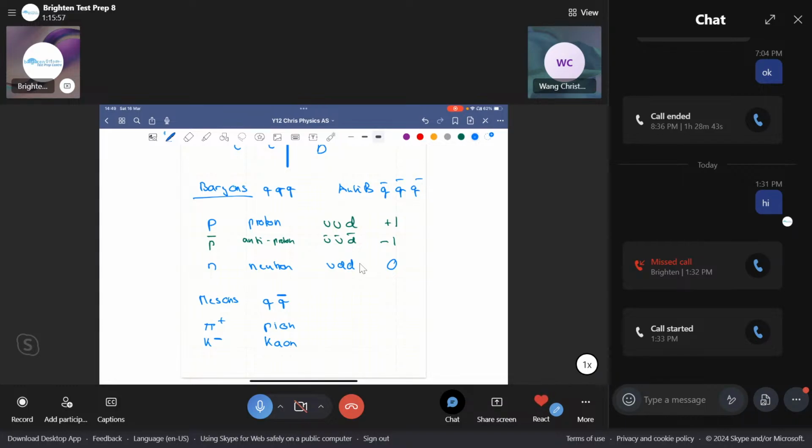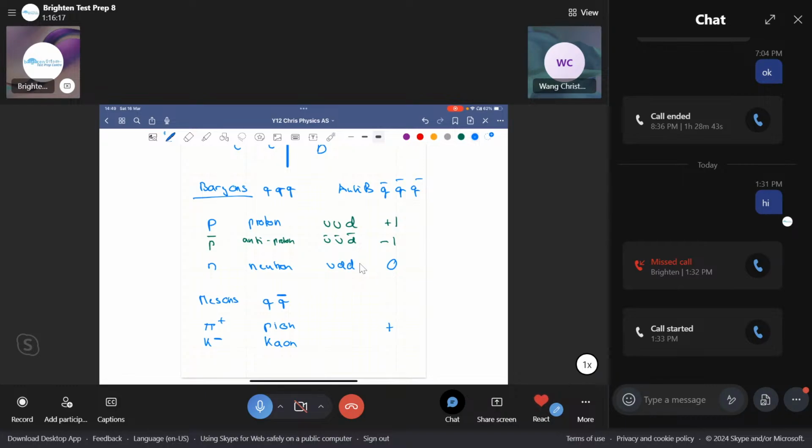Okay, when you look at the structure, what would be the structure of the pion? Or let's jump ahead first. What would be the charge? Why do we say it's a plus, the pi plus? What would be the electric charge most likely? Plus one.